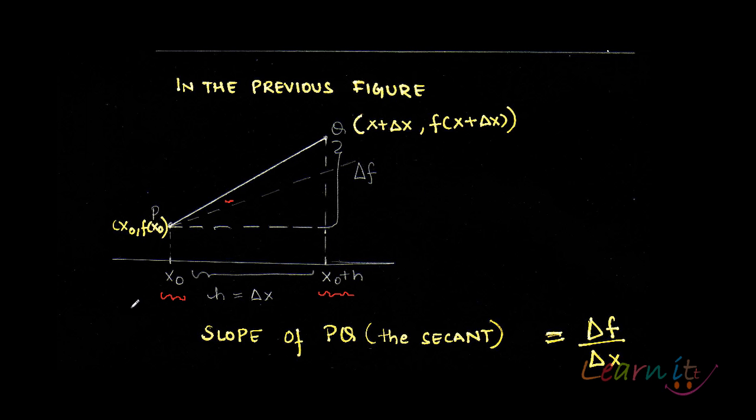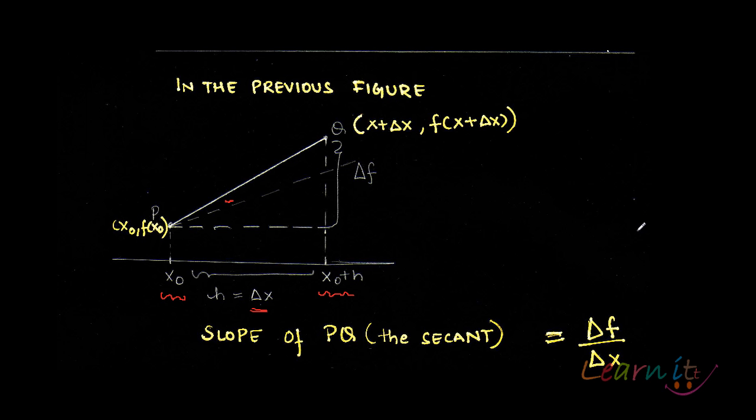So h is essentially the change in x. What will be the change in f? In case you have a change in x, there will be some change in f also, because f is nothing but a function of x.